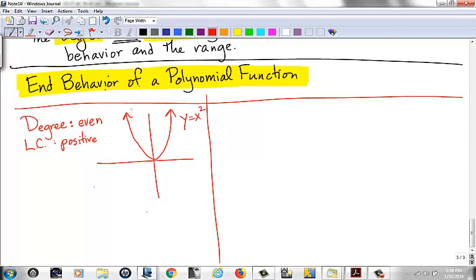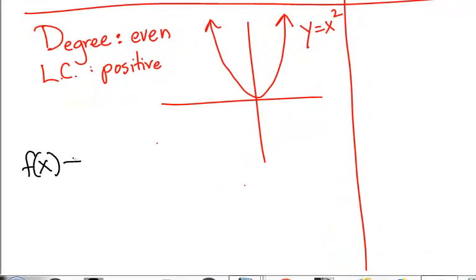Now the end behavior, okay, and the author writes it, to me it's just backwards, but I'm going to stick with the way the author's written it. The f of x approaches what as x approaches negative infinity. Now, this is all by looking at the graph.